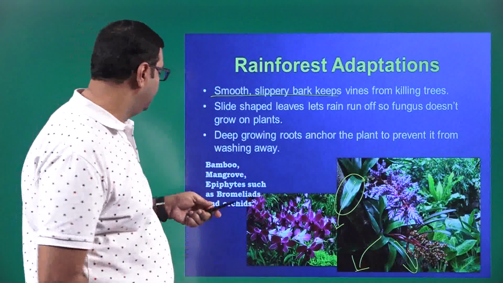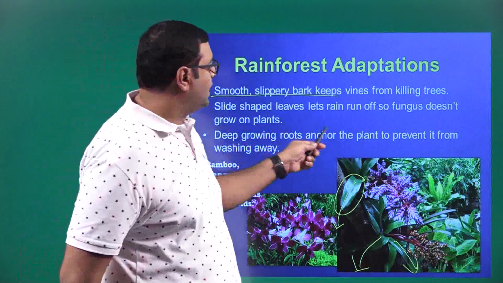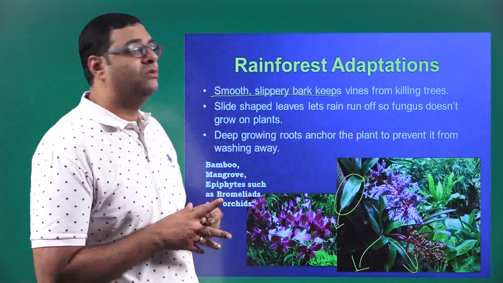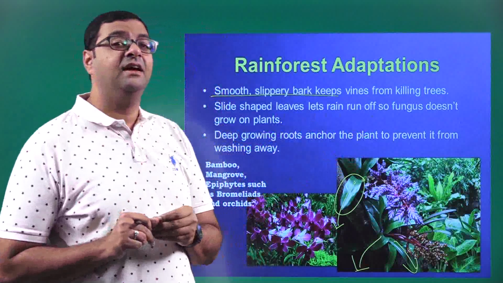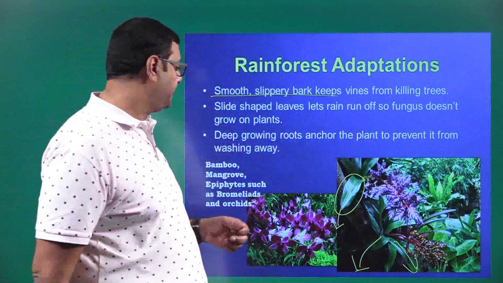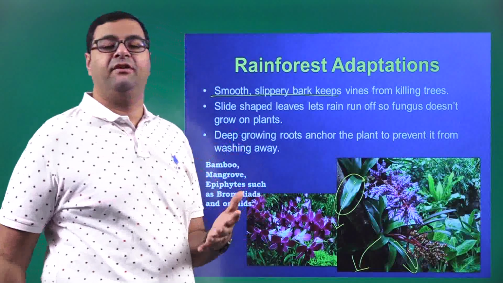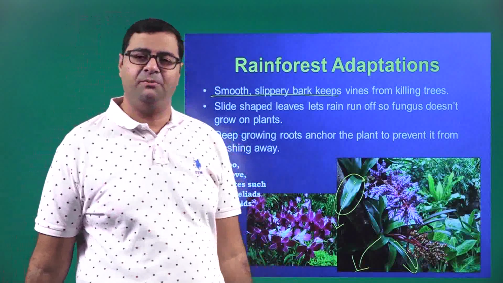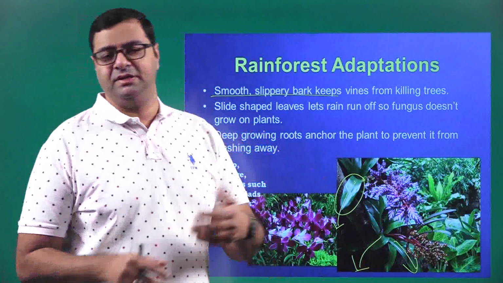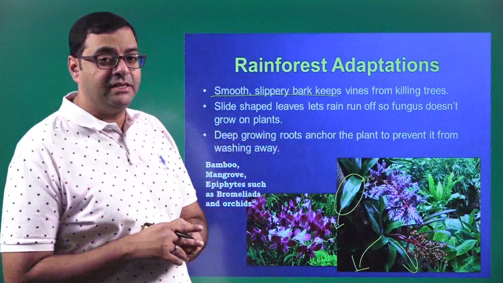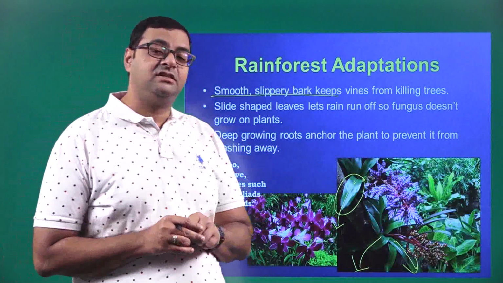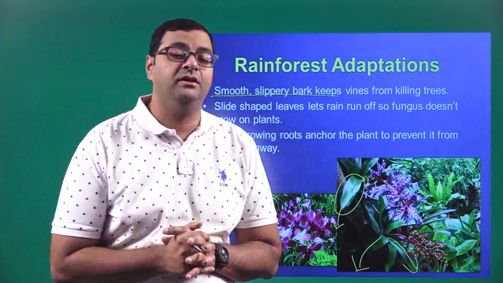Okay, then deep growing roots anchor the plant to prevent it from washing away. Now this is also a very, very major thing. Say for example, you have rainforest where continuous rains are falling. Obviously rainforest means continuous rains will be falling. So when continuous rains are falling, there is every chance that soil will be eroded continuously.